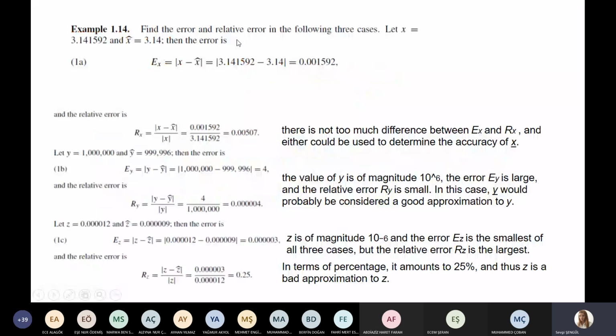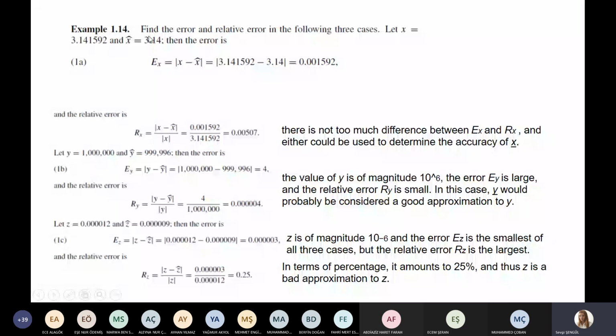Let's check that example. We have x, which is the real value, 3.1415926. But we said that it's too much, so I will just assume that this is 3.14. Then our absolute error will be the real one minus the assumed one, and we take the absolute value of that; this is the error.